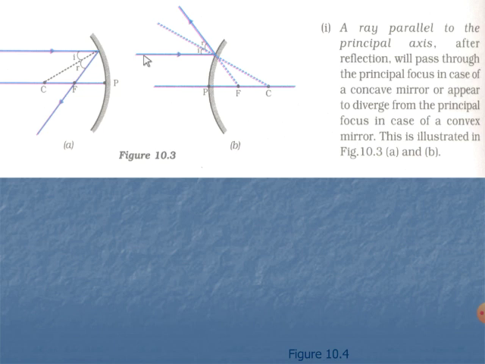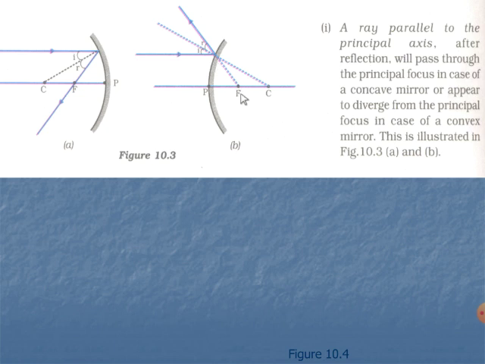So a ray of light incident parallel to the principal axis on this convex mirror will not go to the other side; rather it will be reflected back into the same medium. When you look from this side, this reflected ray seems to be coming out from somewhere here, from the focus.